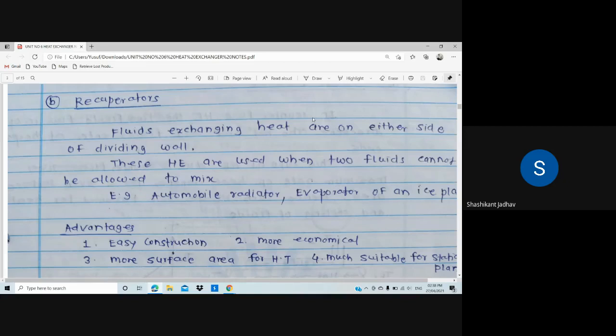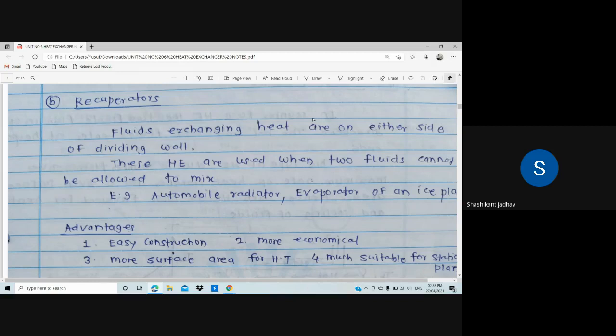Second, more economical. कन्स्ट्रक्शन जे असणार आहे ते इझी आहे, इकॉनॉमिकली हे काय असणार आहे, मोर म्हणजे चांगलं असणार आहे. So, more economical. Then third advantage, more surface area for heat transfer.